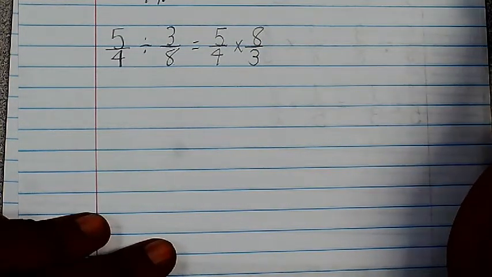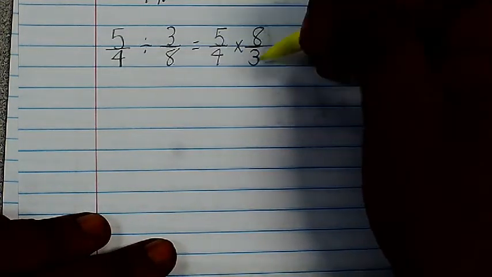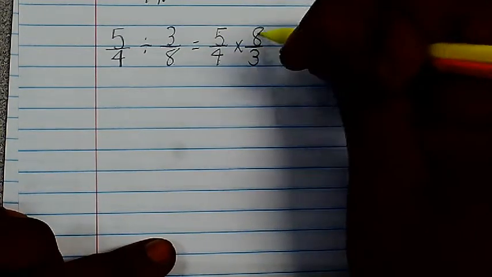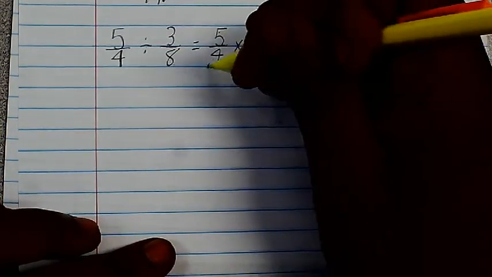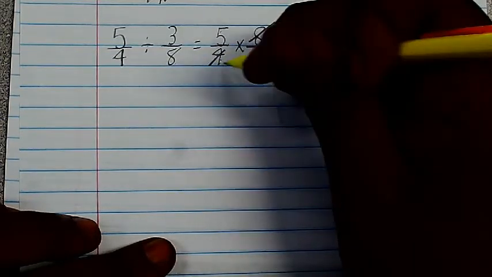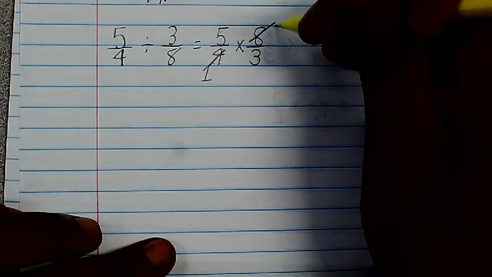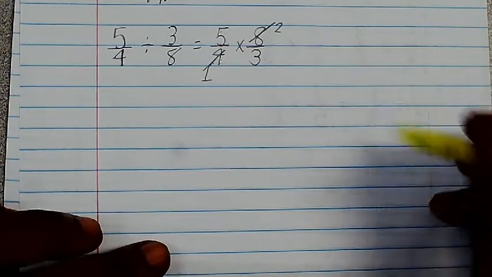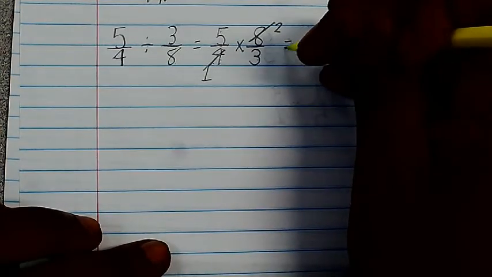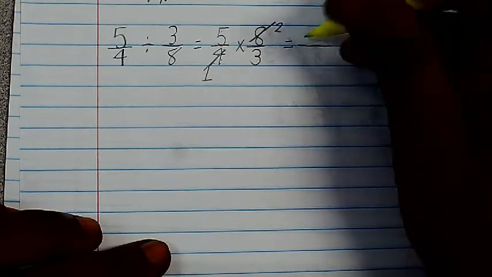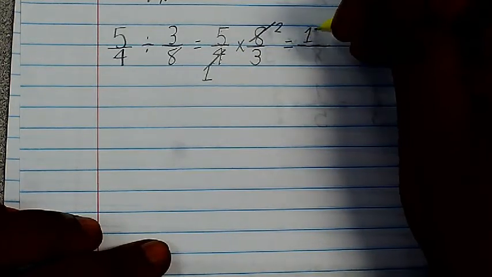We can look to simplify across. 5 and 3 are not multiples of a factor, but 4 and 8 are multiples of 4. So we can divide both of those by 4. 4 divided by 4 is 1. 8 divided by 4 is 2. And then once we multiply numerator times numerator and denominator times denominator, we're going to get 10/3.